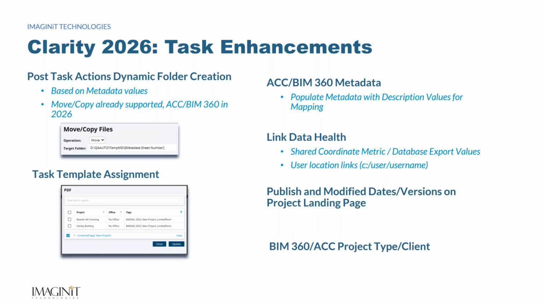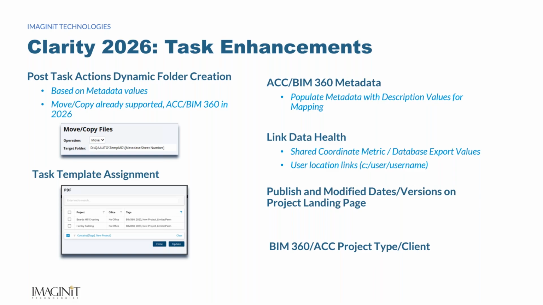We've populated the metadata for description, which up until this point, we weren't able to get to that value. They've added some extra APIs and functionality in Autodesk Platform Services, so we can get to that. We cannot write to it still. There is no API for that, but we can get it out of the ACC.